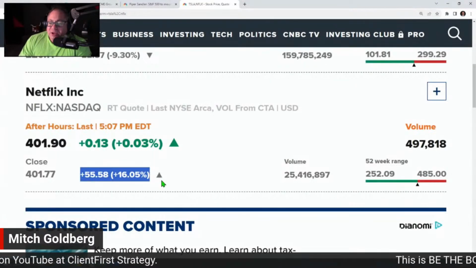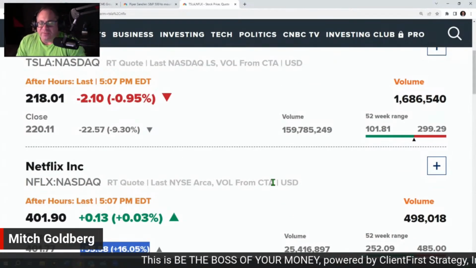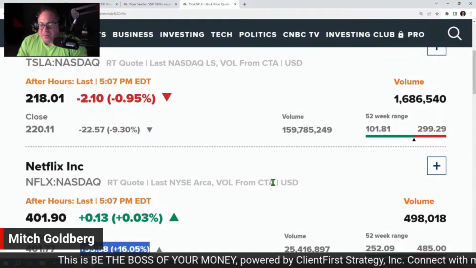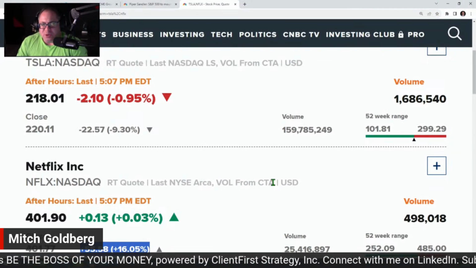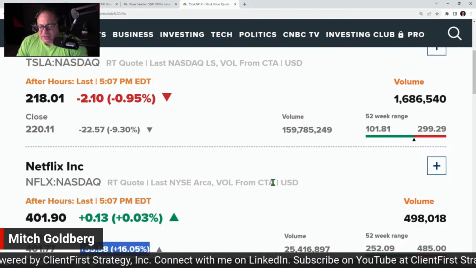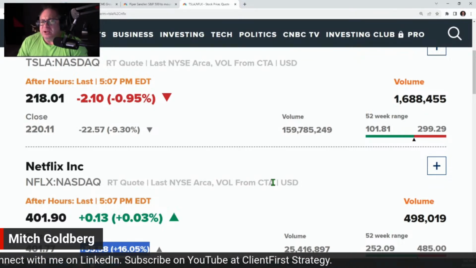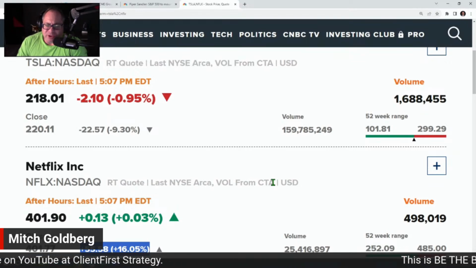So definitely a case of the haves and have-nots. Tesla missed big on numbers, didn't have a great forecast going forward. A couple of analysts have written them off and said their story is over, they're toast. And their CEO, Elon Musk, was pretty tempered in his comments of expectations for the new vehicles, in particular the Cybertruck.